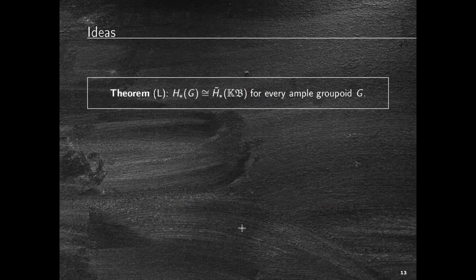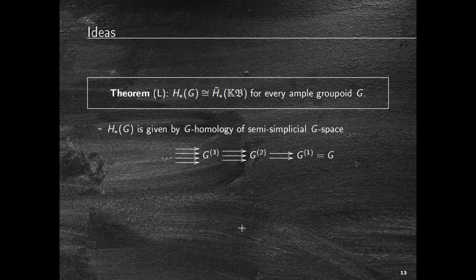Okay, so yeah, I can quickly say the idea of how to get these main results. So the first main result was identifying groupoid homology and homology of this K-theory spectrum. So one way to prove this is the following. You look at a particular way to understand groupoid homology.